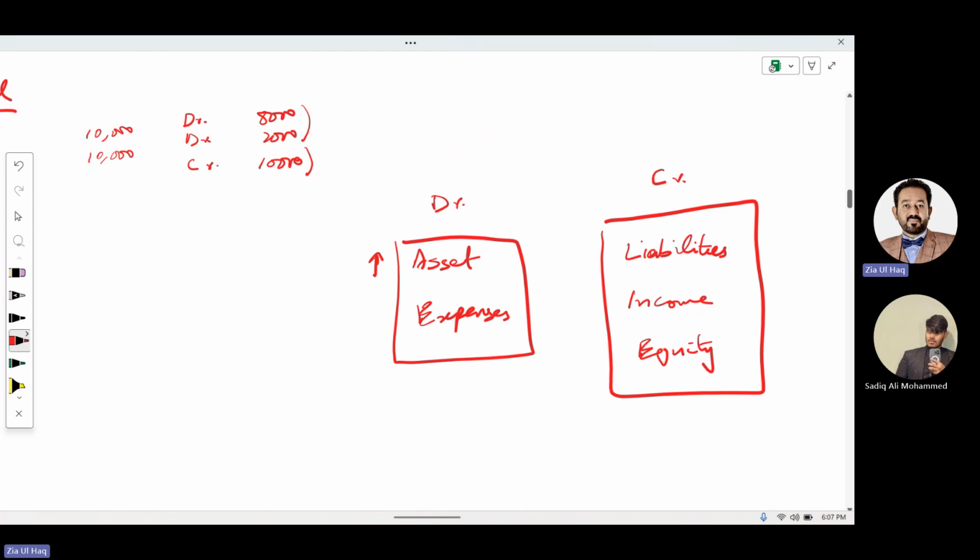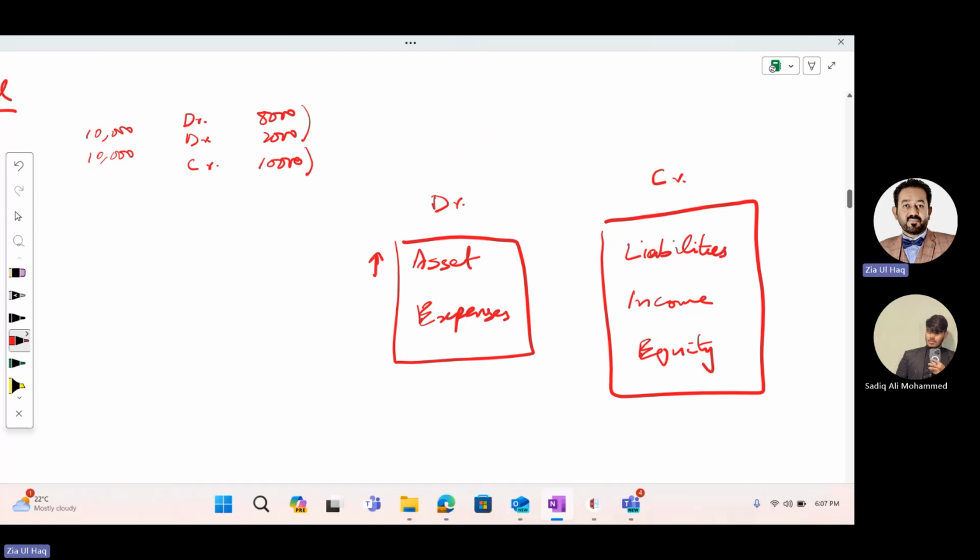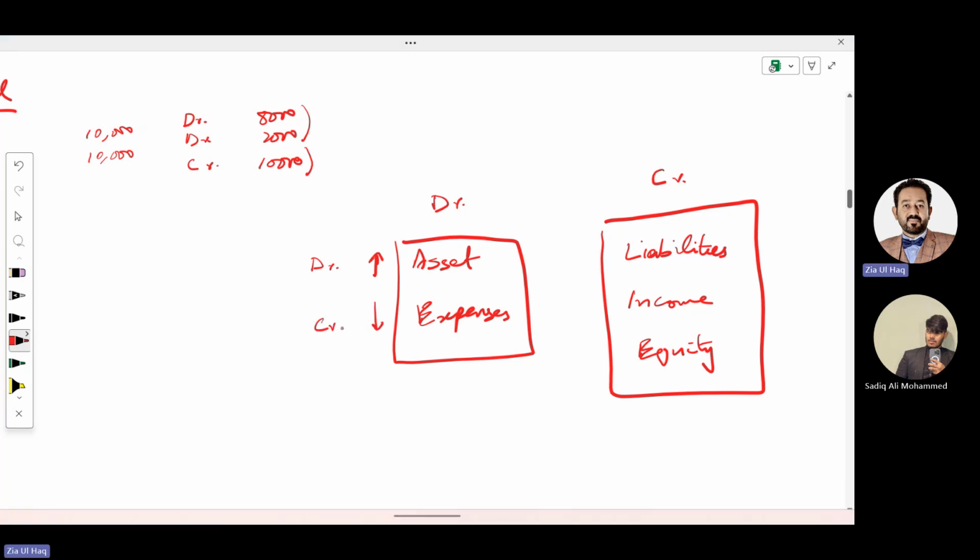When increasing, assets and expenses are debited. Cash is an asset. A motor vehicle is an asset too. If we buy a motor vehicle with cash, cash is credited. For expenses, we need to pay rent, so rent is debited.